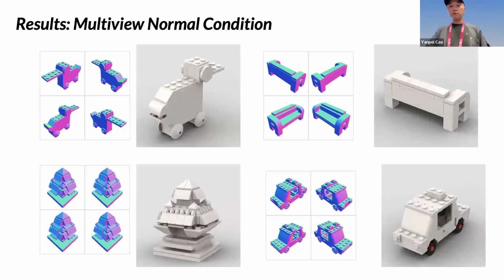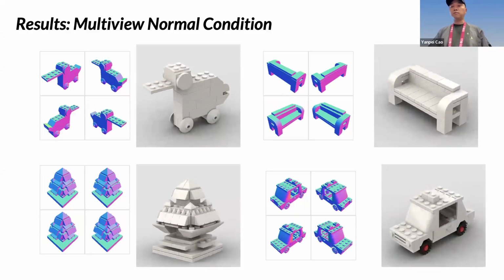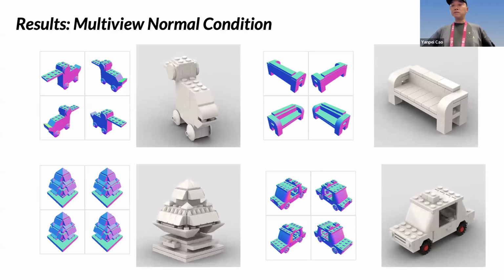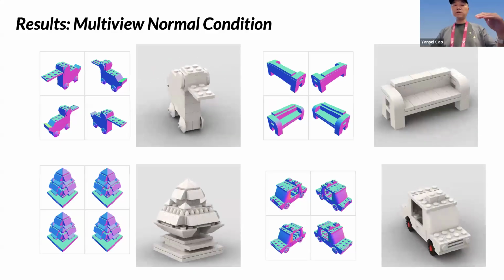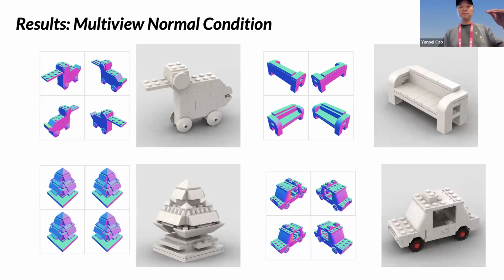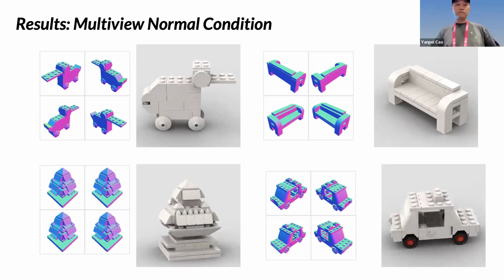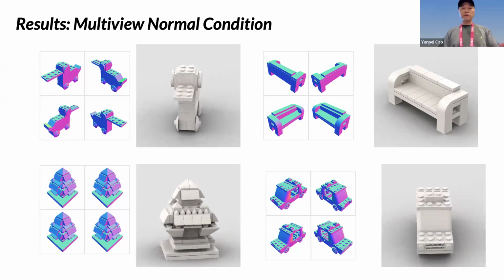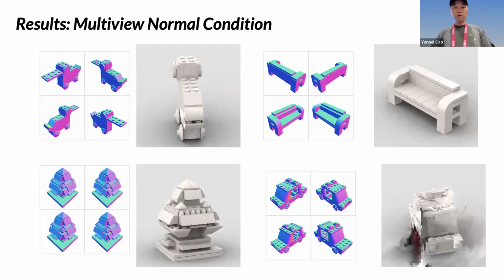So what can the model do? Here are the results conditioned on multi-view normal maps. This is analogous to giving a model a 3D schematic and asking it to reconstruct it using valid Lego bricks, which it does very, very effectively.